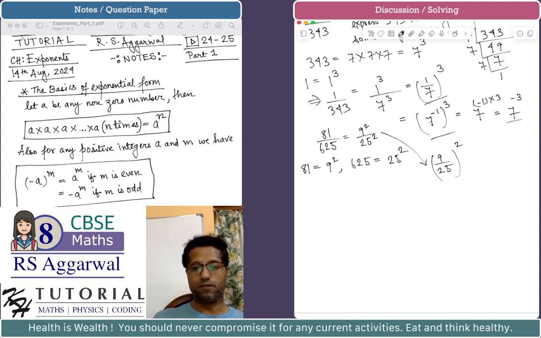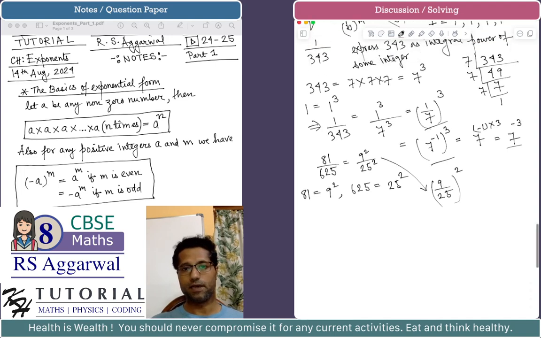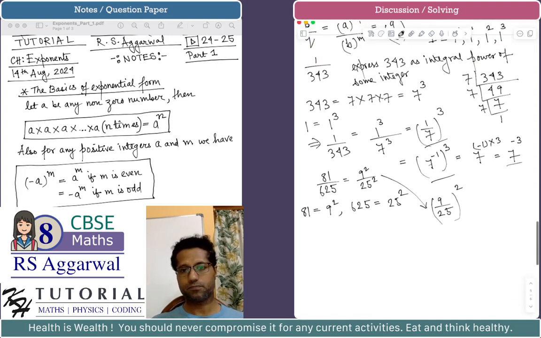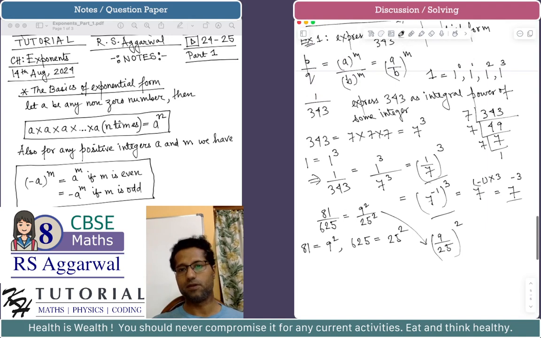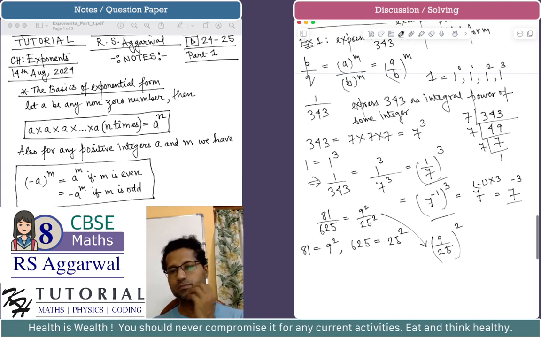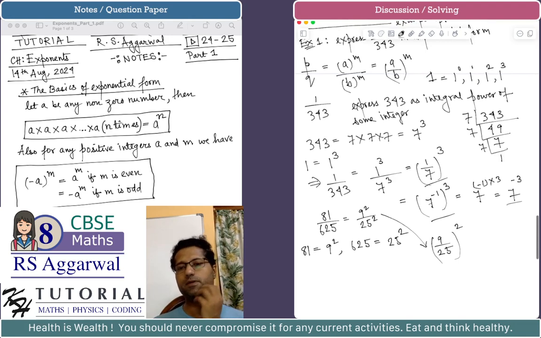So when you are asked to express a given rational number in exponential form like this, you have to express the numerator and the denominator to have the same maximum possible power.